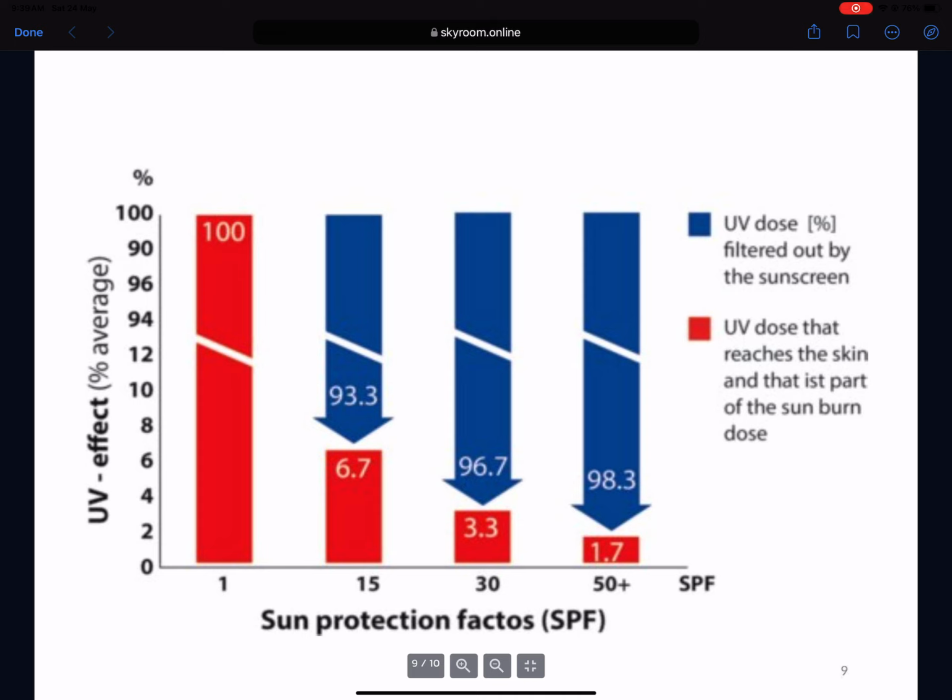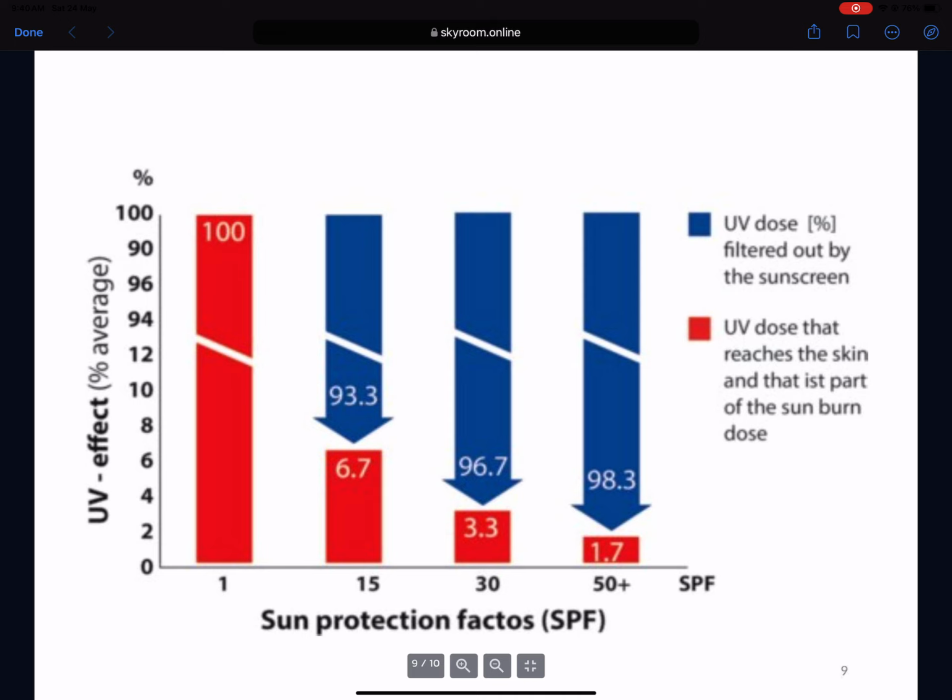And if you use SPF 50, just 1.7 percent of the UV can reach your skin, and 98.3 percent of the UV is filtered. If you ask me which cream is better to buy or use, I cannot answer you because in some specific countries they use a specific SPF.